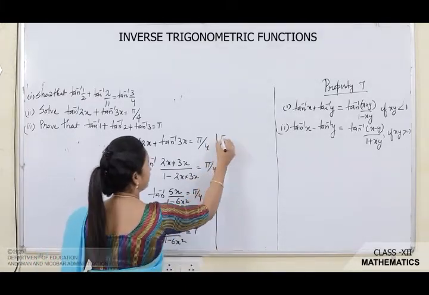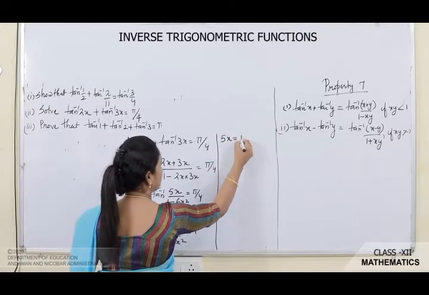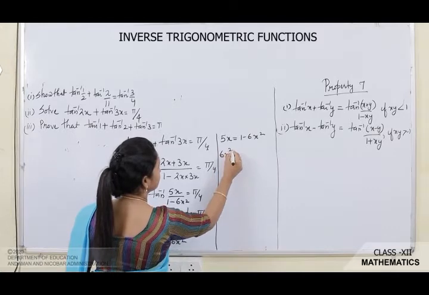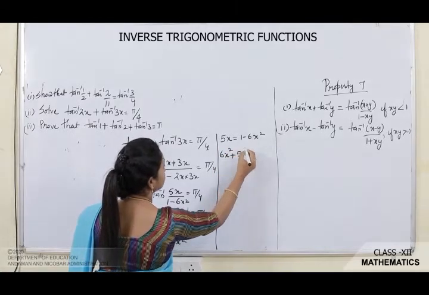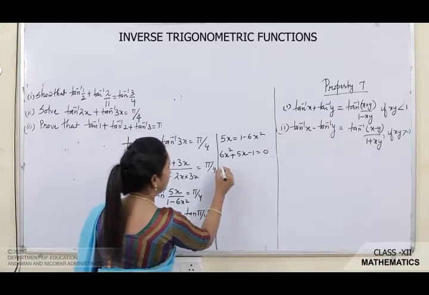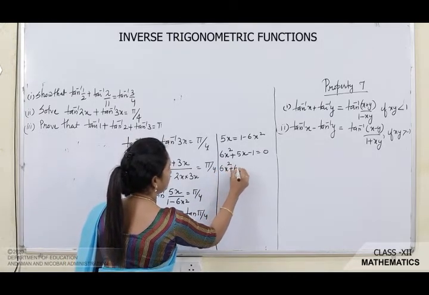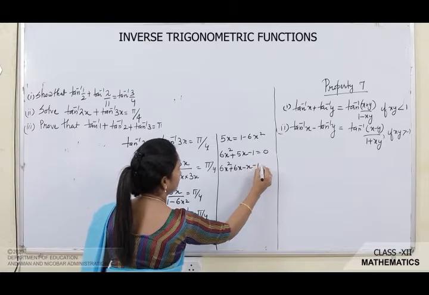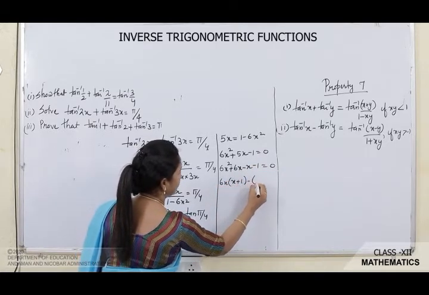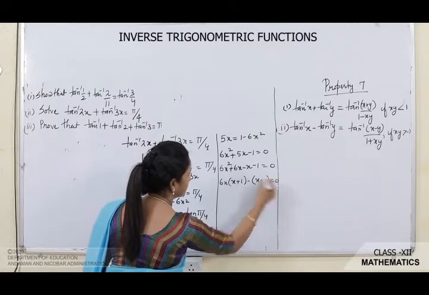Now here you have to do simplification. When you cross multiply, you are going to get 5x is equal to 1 minus 6x square, or you can say 6x square plus 5x minus 1 is equal to 0. Now split the middle term, 6x square plus 6x minus x minus 1 is equal to 0. Take common, you are going to get 6x(x plus 1) minus 1(x plus 1) is equal to 0.